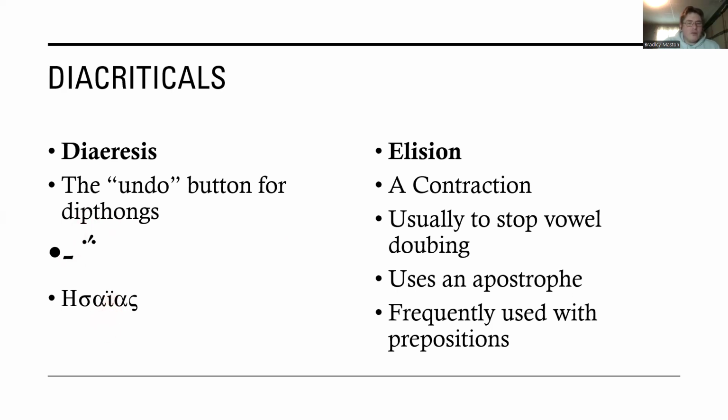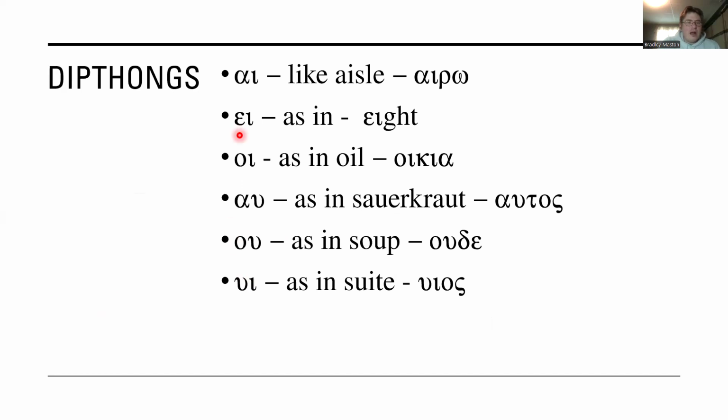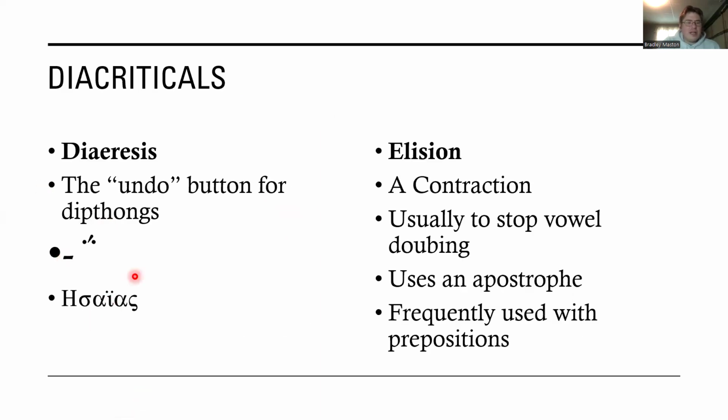So as we saw before, this alpha iota gives us the I sound, but here instead of being hasaias, it's hasaias. So what it does is it's the undo button on a diphthong. It's telling you that this diphthong is not going to be treated like a normal diphthong.